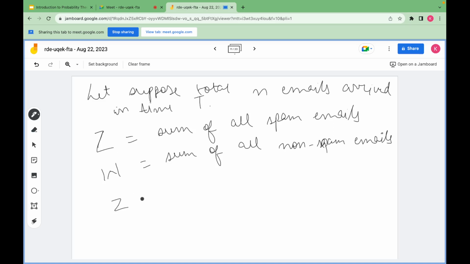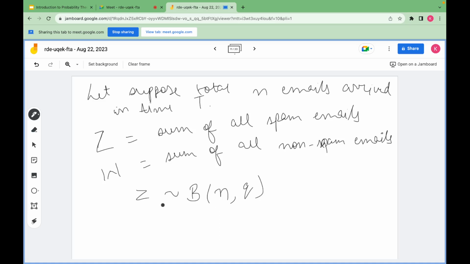So Z follows a binomial distribution with given n and probability q.